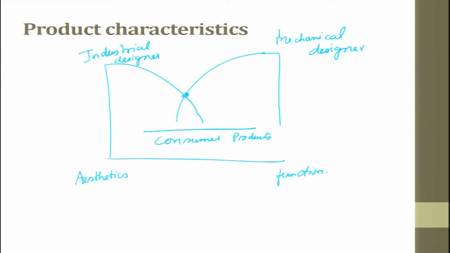There is a break-even point, or a meeting point, wherein this industrial design and mechanical design meet, and it is very important if you want to make a successful product. Here I have put aesthetics: industrial design gives more importance to aesthetics, the mechanical designer gives most importance to function. But these two should meet at a point, and very successful consumer products are developed at this point. So, this is a very important graph which tells who plays what role, and it also tells you that both roles have to be played to make a successful product.